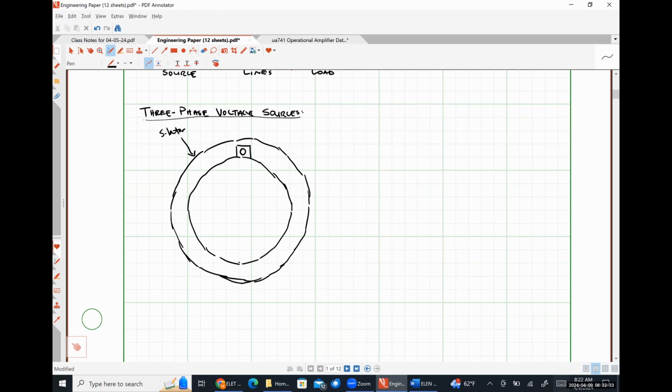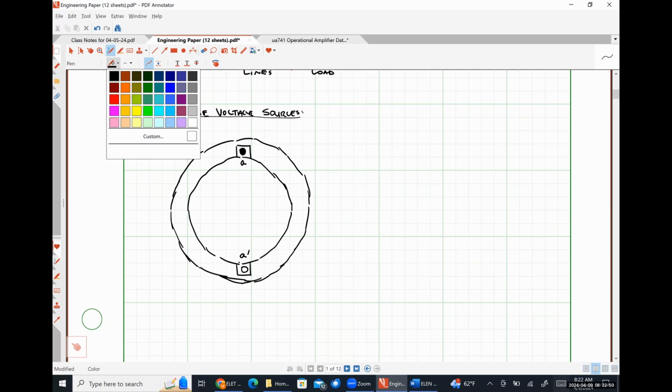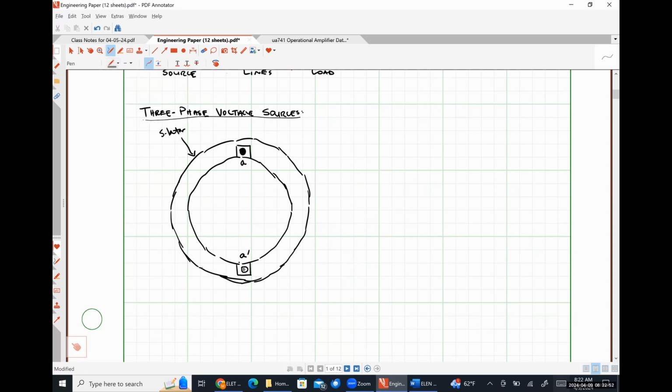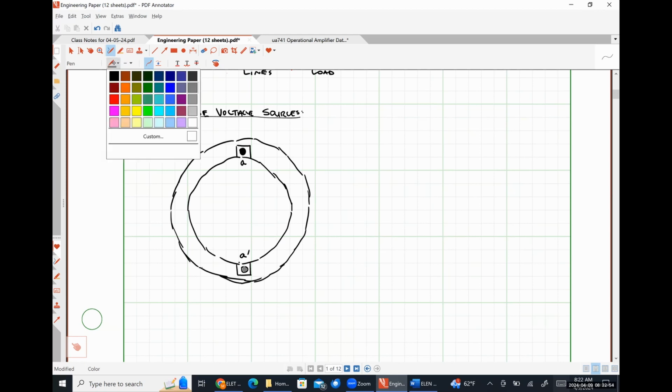So this is going to be for our A phase conductor. So I'm going to put a little A here. And then exactly 180 degrees across the stator, we are going to have the return path, which I'm going to call A prime. So send is A, the return path for the current is A prime. I'm going to fill that in gray. We'll talk about why that is in just a moment.